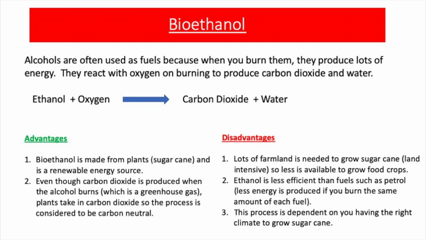And ethanol is less efficient than fuels such as petrol. And this means that there's less energy produced if you burn the same amount of ethanol compared to petrol. And the third disadvantage is you need a specific climate to grow sugarcane. Not every country has this climate. Now, it's very common at GCSE for students to be asked to describe the advantages and disadvantages of using bioethanol as a fuel.